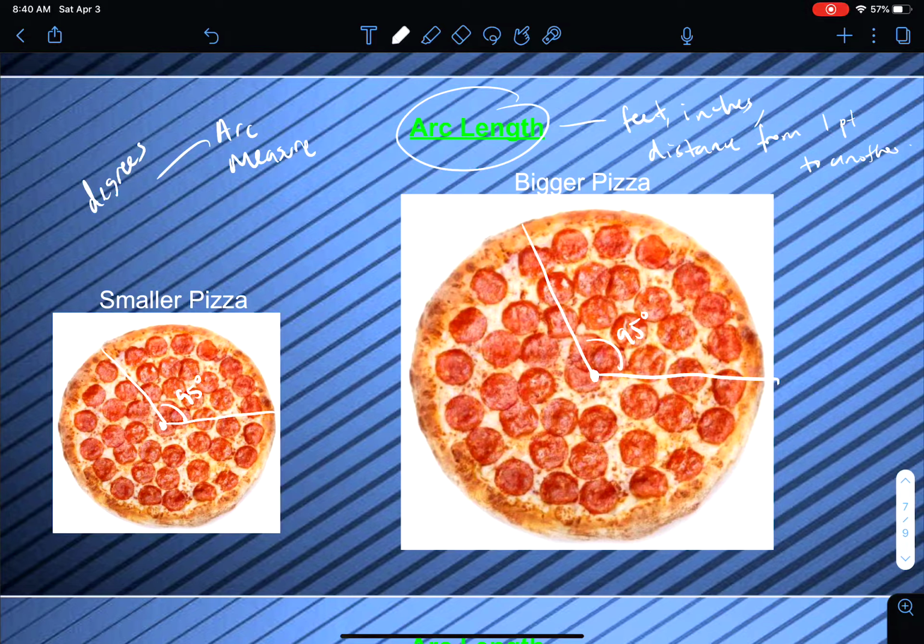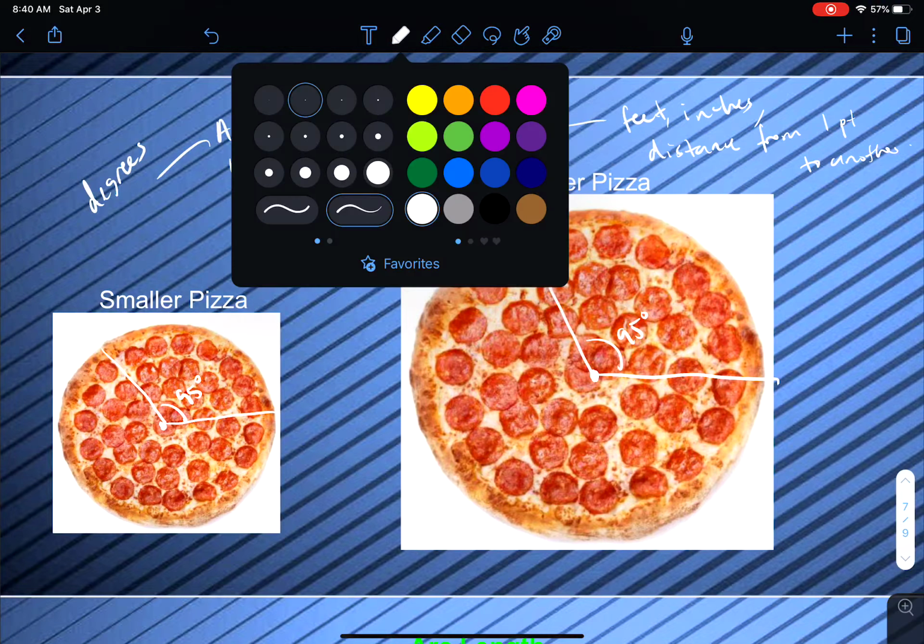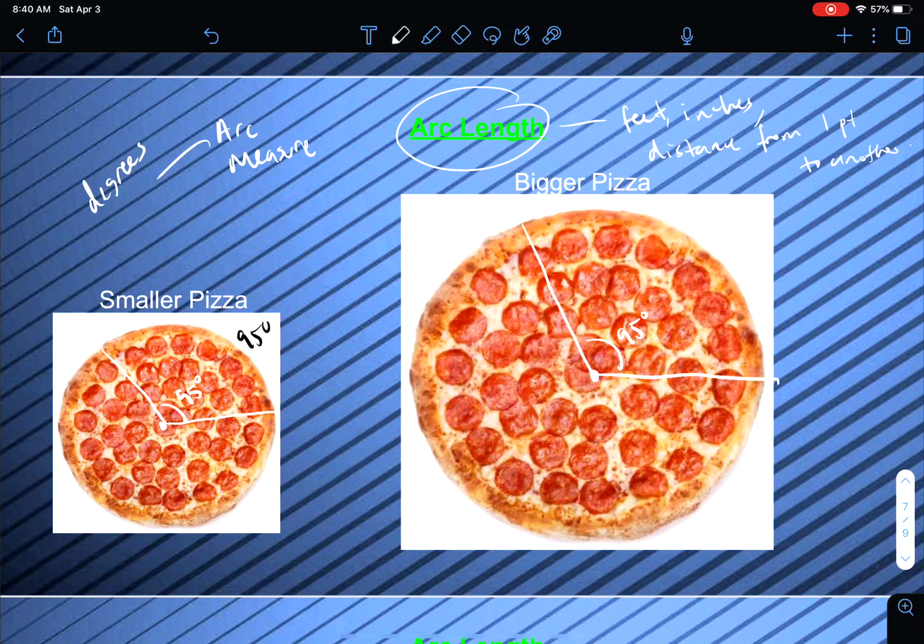A circle is 360 degrees. If my central angle is 95, and my central angle is 95 for the bigger pizza, then that means my measure arc is also 95 degrees. And this is also 95 degrees as well, okay? So that means that we're dealing with degrees. If we're dealing with degrees, then we're going to be dealing with arc measure, okay?